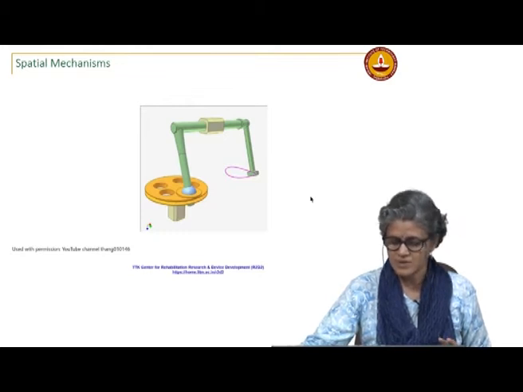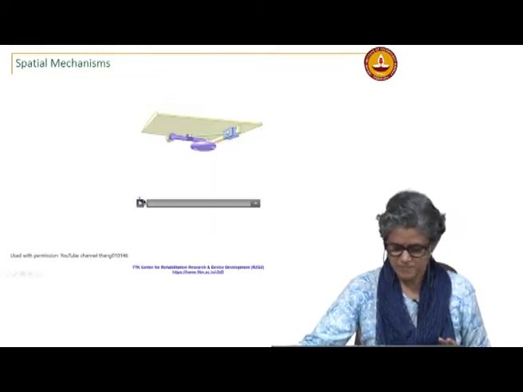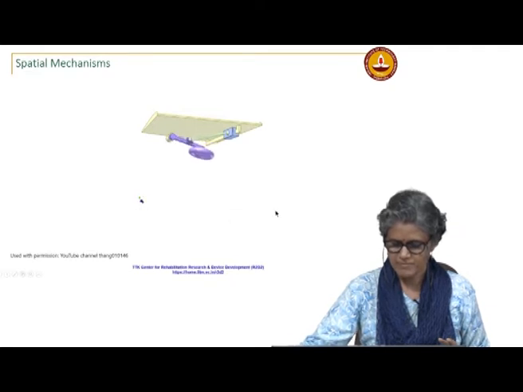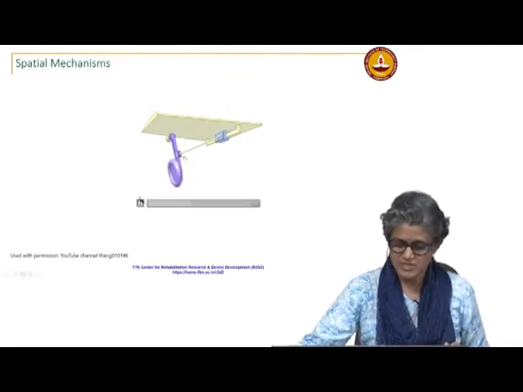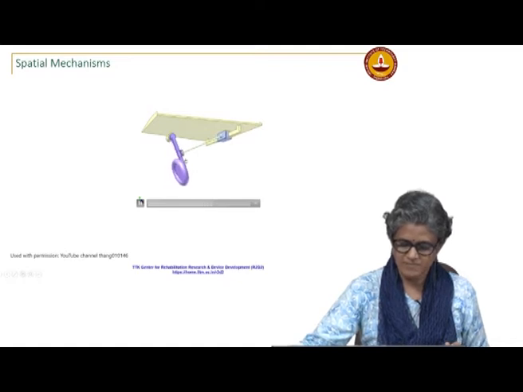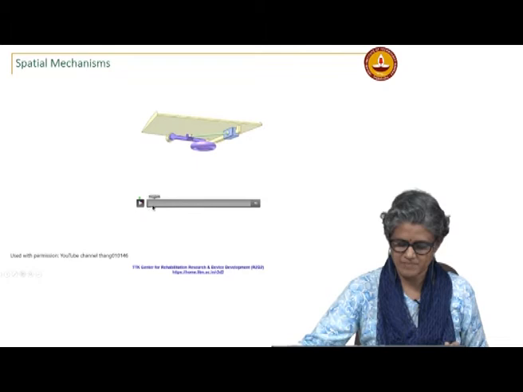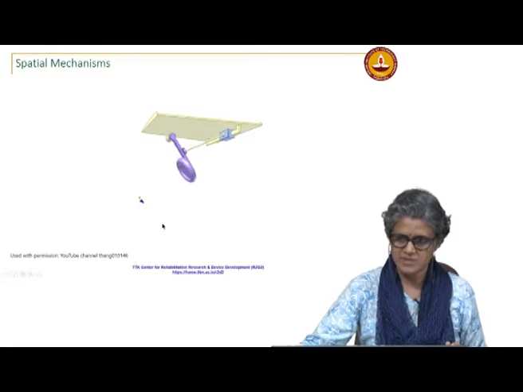So here is the wheel retraction in an aircraft, but it is not just happening in a plane. You have a revolute joint and a link with 2, and then you have a slider.